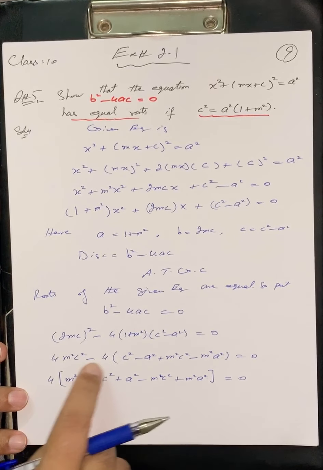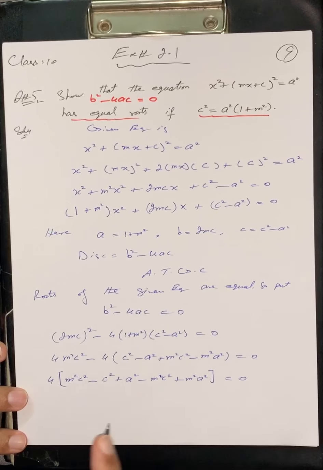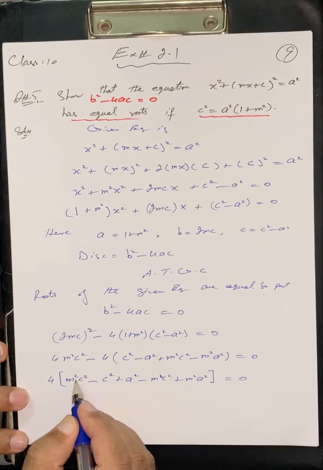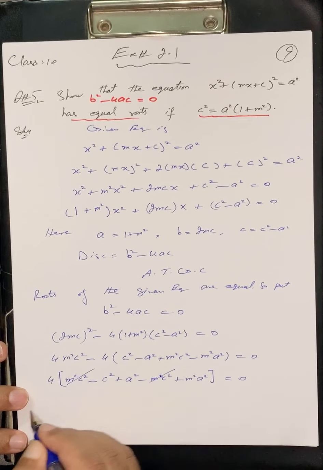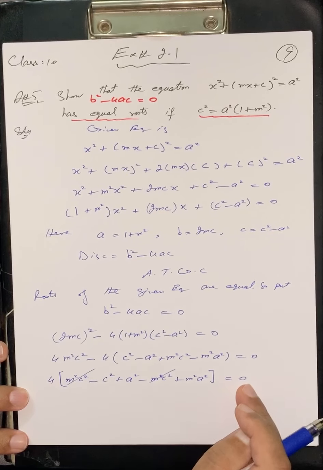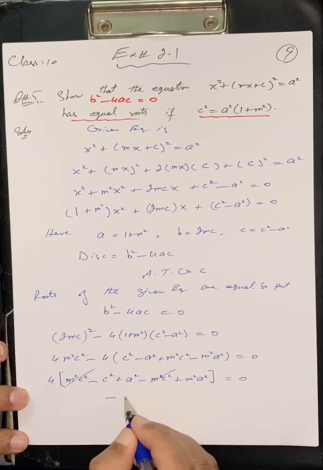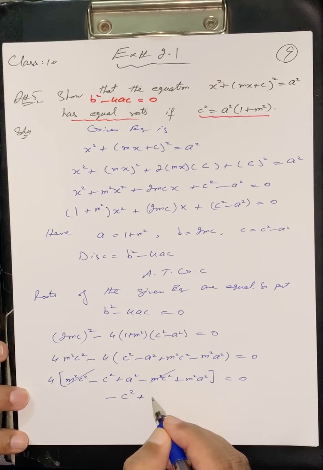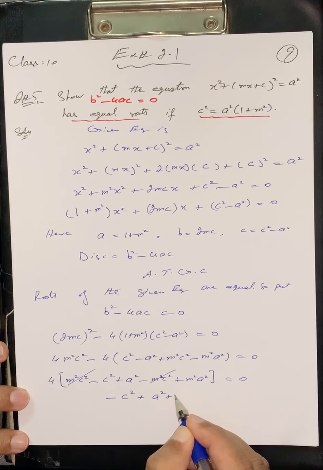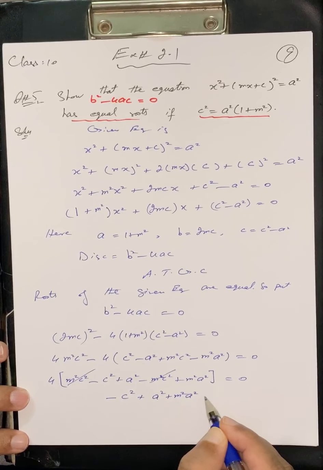I told you whenever you take one thing common, one value must cancel. That is m squared c squared minus m squared c squared cancel. 4, when we bring it on the right side, multiplied with 0 gives answer 0. What is left behind inside is minus c squared plus a squared plus m squared a squared equals 0.